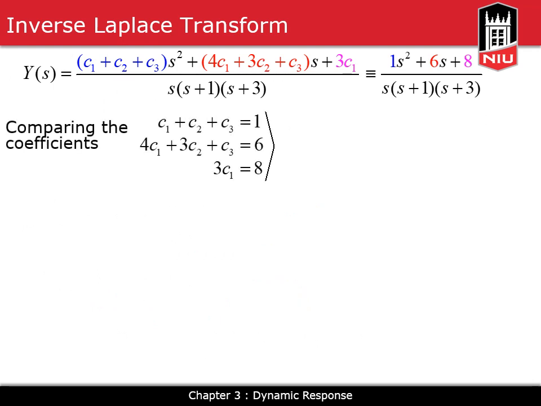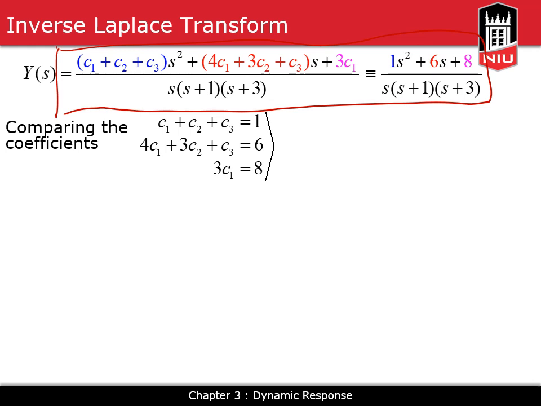If we expand the numerator of both of these functions, the one we found at the end of last slide and the original one, here's the result showing up at the top. The one on the left is the one that we obtained by the partial fraction expansion form and then combined the three fractions using the common denominator.